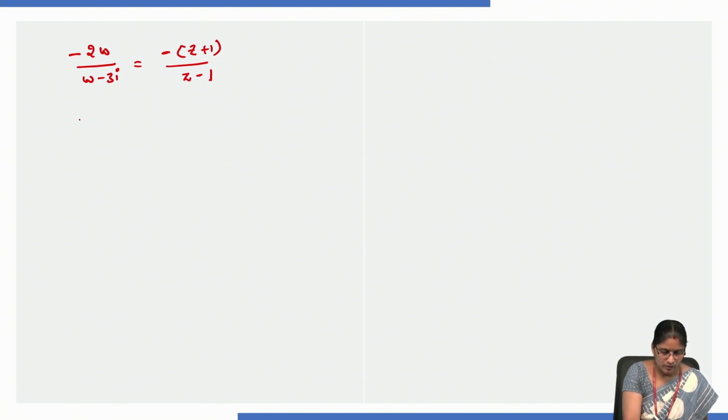Next, cross multiply this one. Here minus is there, minus, cancel these two. Then we get 2w into z minus 1 is equal to z plus 1 into w minus 3i.